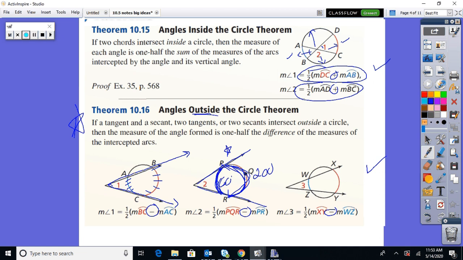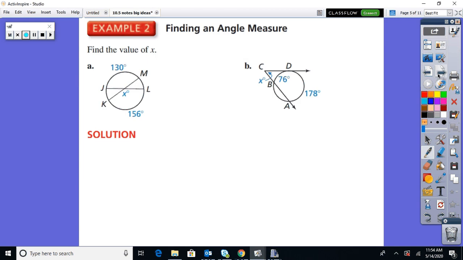Sometimes they'll give you the angle, and you have to work backwards and find the arc, but you're just using these equations every time. Again, if you've got two secants, it's bigger arc minus smaller arc, divided by 2. Let's see what it looks like with some problems.